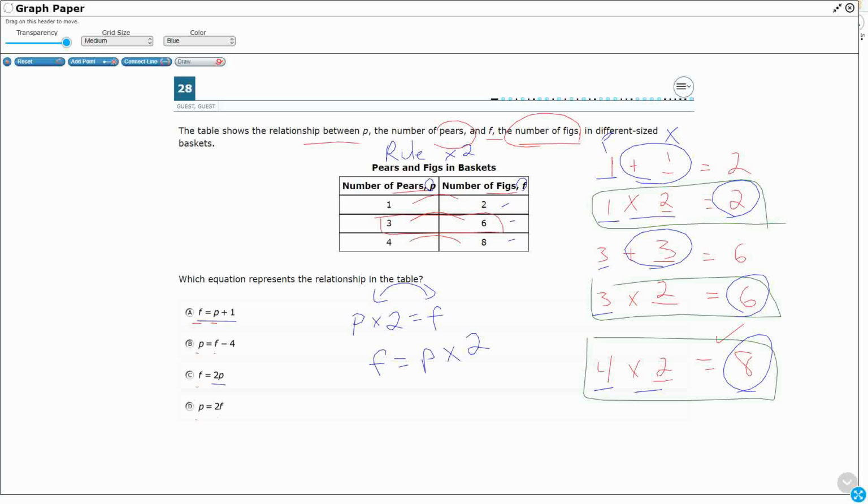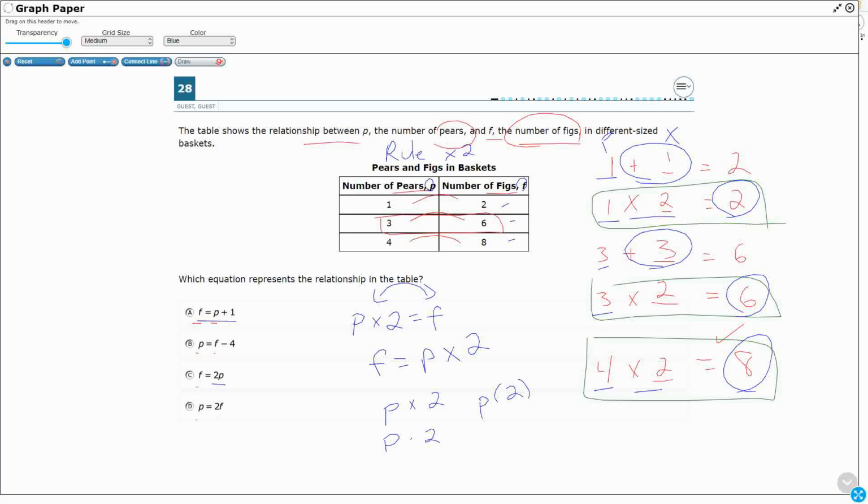Now, this is where it gets tricky. There are multiple ways for us to show multiplication. If I wanted to do P times 2, I could do like I did, P times 2. I can also do P dot 2. I could also do P and then parentheses 2. Parentheses implies multiplication.